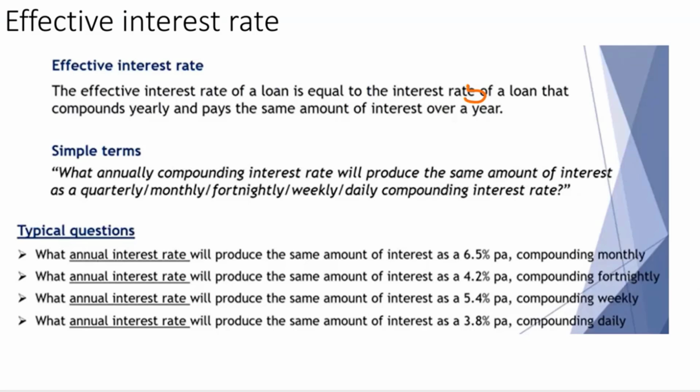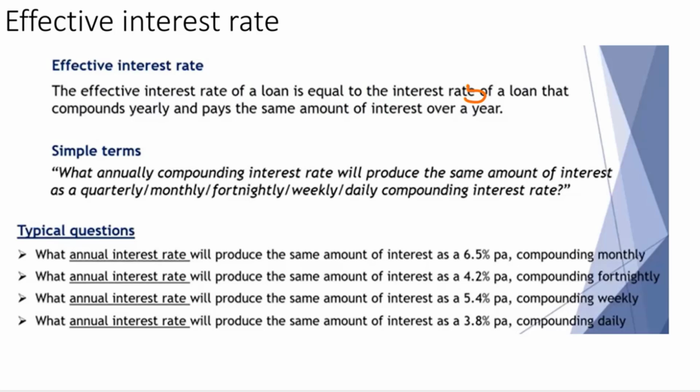I hope I'm making sense. If you are quoted a monthly nominal interest rate of so much, you want to get an equivalent amount, which is an annual rate. That equivalent percentage, which is calculated annually, is an effective interest rate. That is the difference between the two.